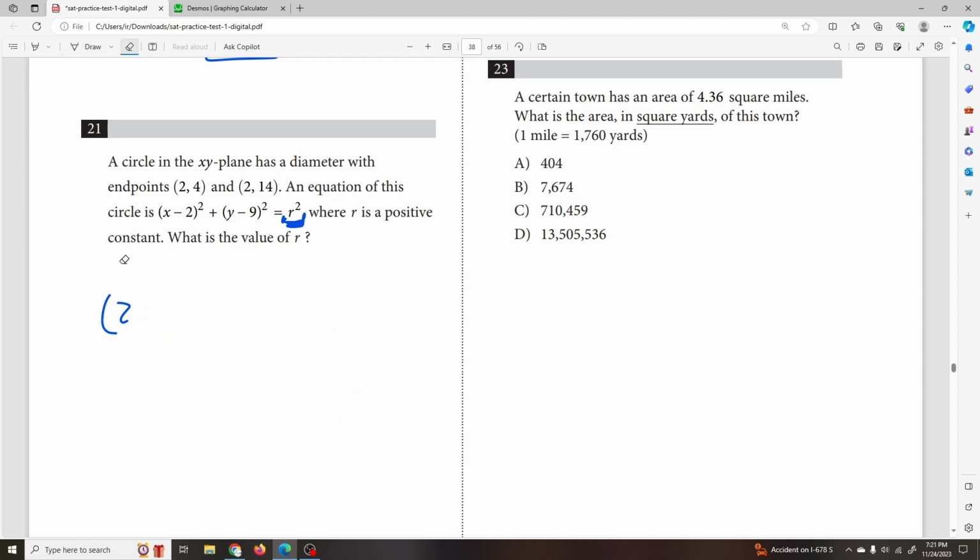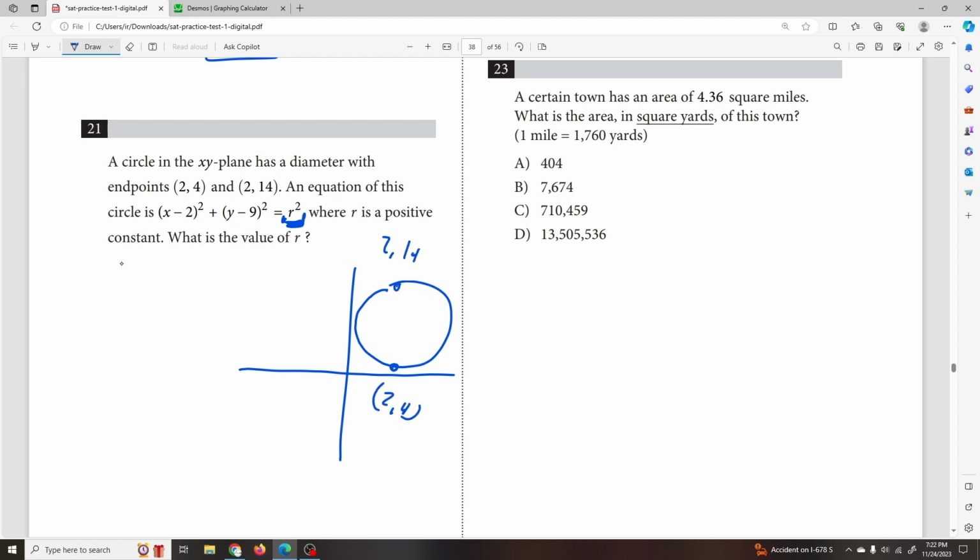So look, we'll use the graphing calculator to confirm this, but here's our circle. Here we have the point (2, 4), and here we have the point (2, 14). And this is going to be the diameter, so it passes through the center. We're trying to solve for the radius, or r, which is going to be half of this distance, so all we have to do is find the distance between these two points.